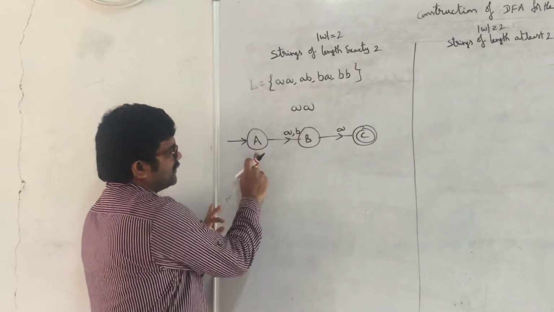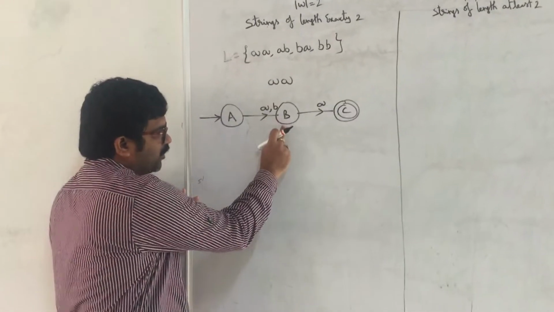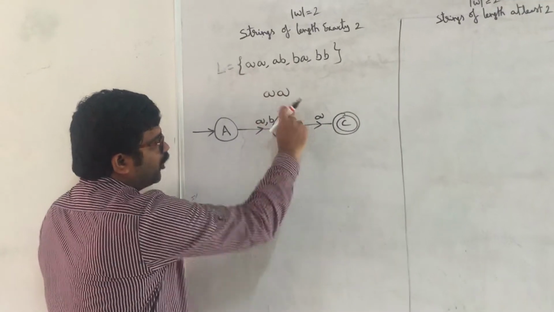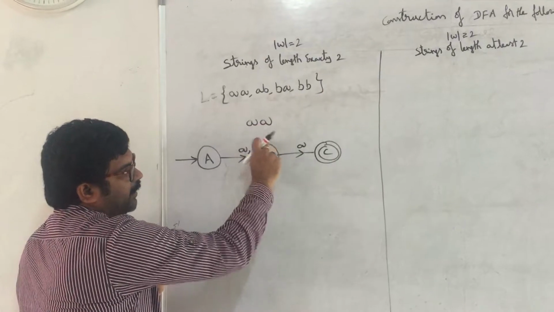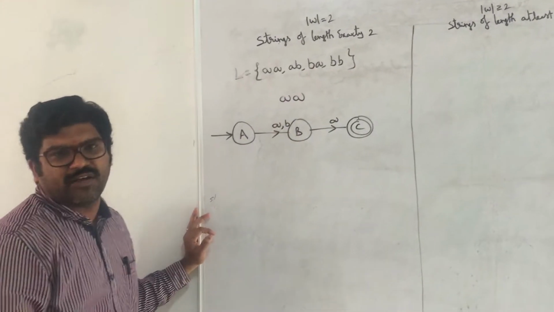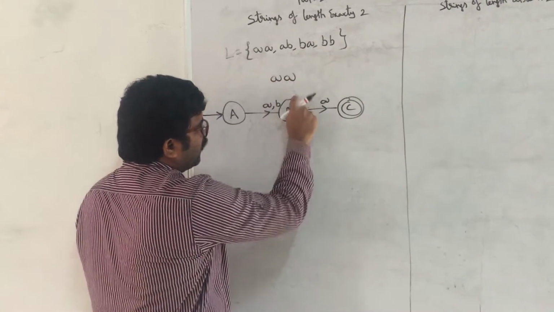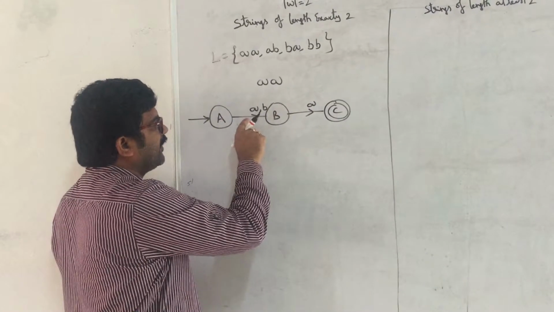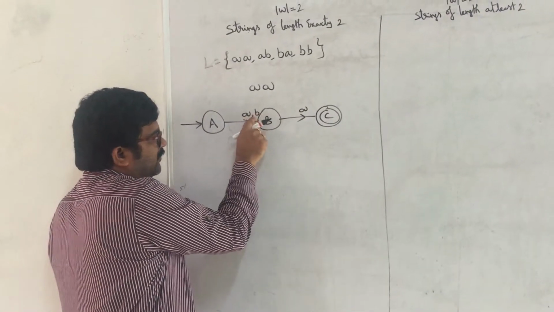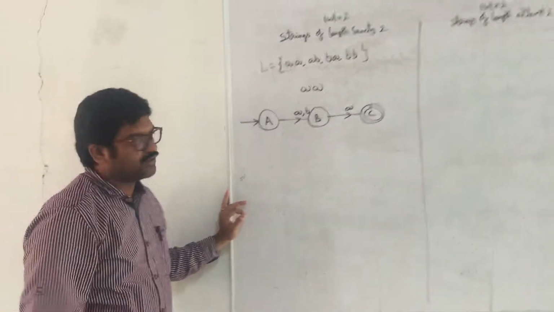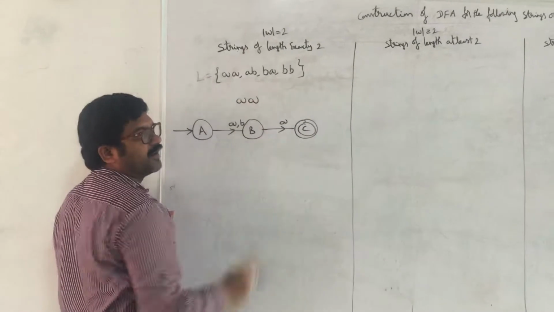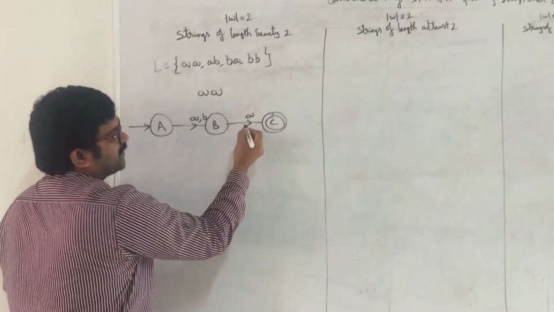Similarly, this state becomes complete now. So let us move on to state B. If you give a self loop, because this state is not complete, because for this state the transition on input symbol b is not available, again you will get a problem. What problem? Either a or b, then you are getting some number of a's, but my string length is exactly 2. So you cannot give a self loop here. Now give a transition with the available states.